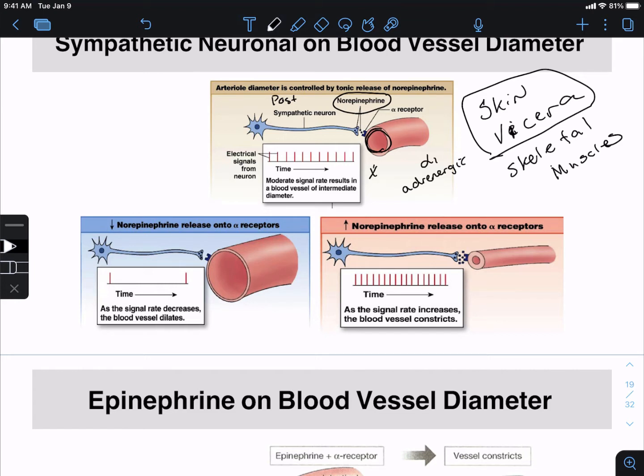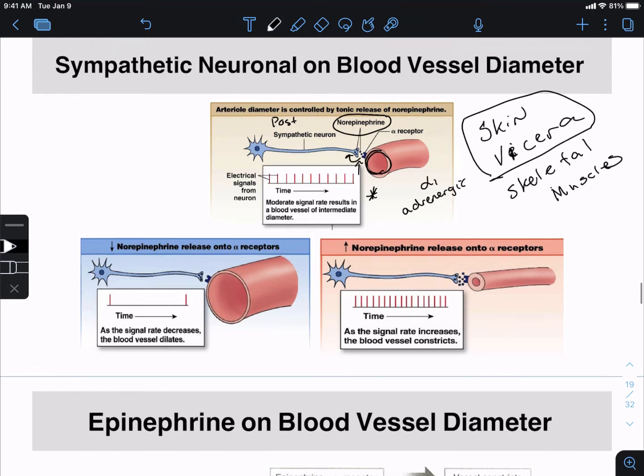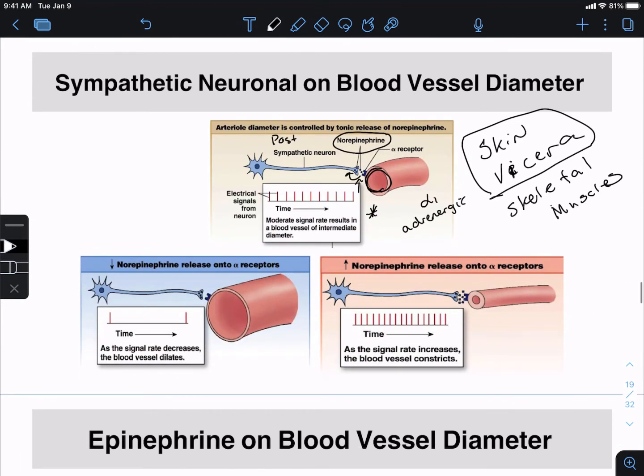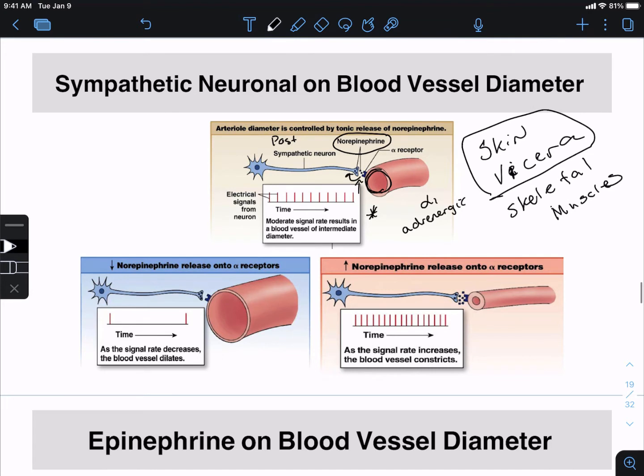So if we get a medium level of release, each of those action potentials, remember, releasing a packet of neurotransmitters at the synapse. And of course, remember that the norepinephrine is constantly being recycled into that synapse. So we're building up some neurotransmitter without a lot of it staying there in the synaptic cleft, then we get our average type of diameter.